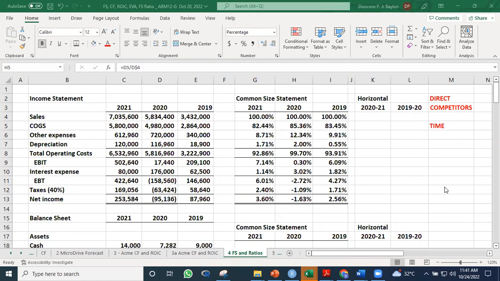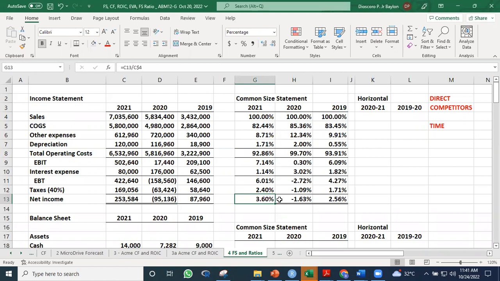Okay. All right, so very important, class, yung concept ng benchmarking against the direct competitors and benchmarking against time. Hindi natin pwedeng tingnan to in isolation. You cannot just say 3.6 is good. So, how did you determine that?